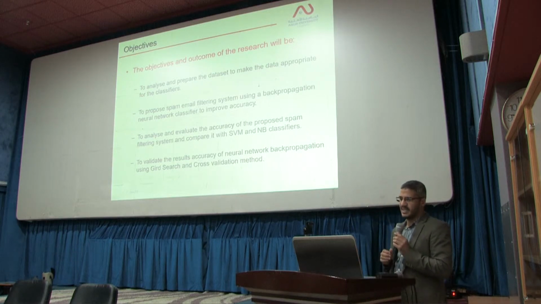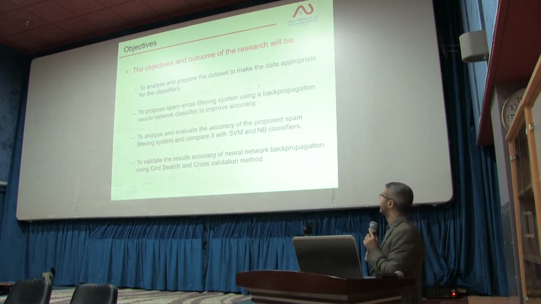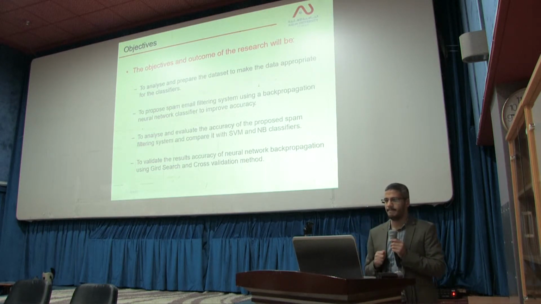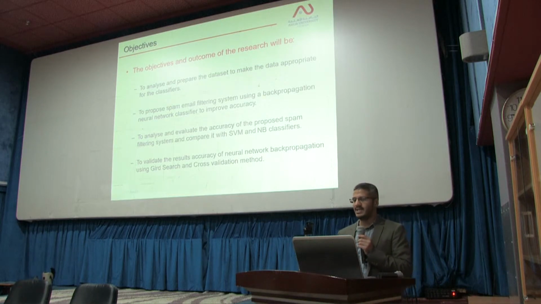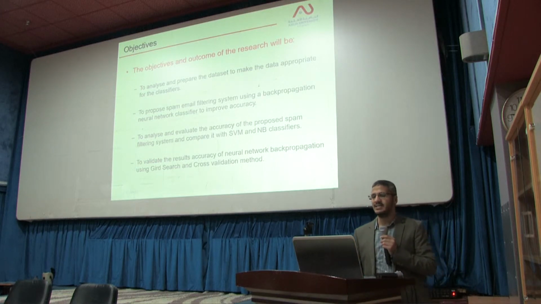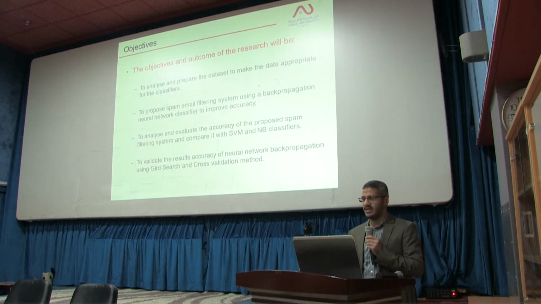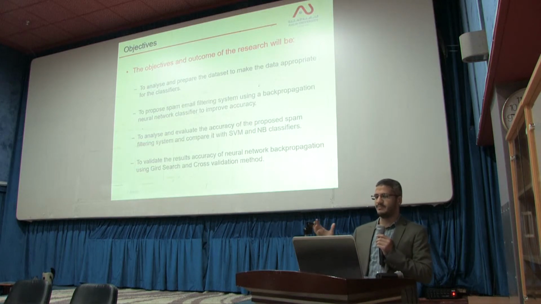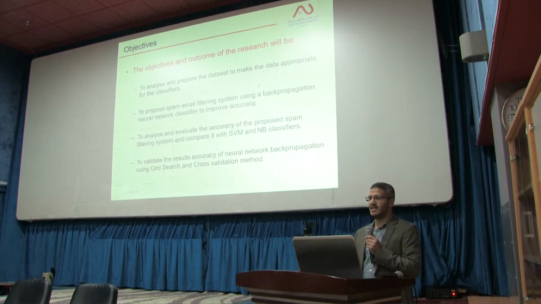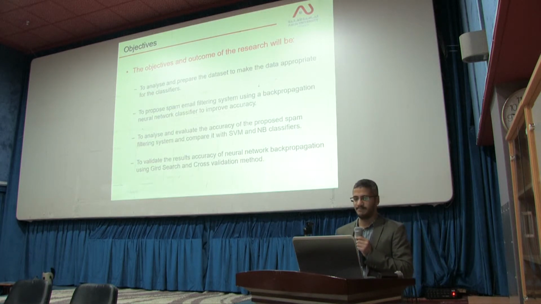My objectives are to analyze and prepare the data set and make data appropriate for the classifier; to propose the email spam filtering using backpropagation neural network classifier; and to analyze and evaluate the classifier for the proposed spam filtering system and compare it with other classifiers like support vector machine and naive Bayes classifier.